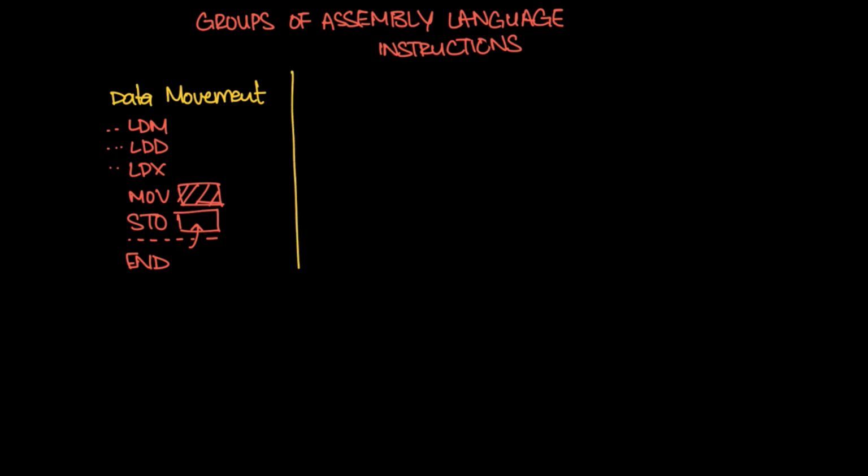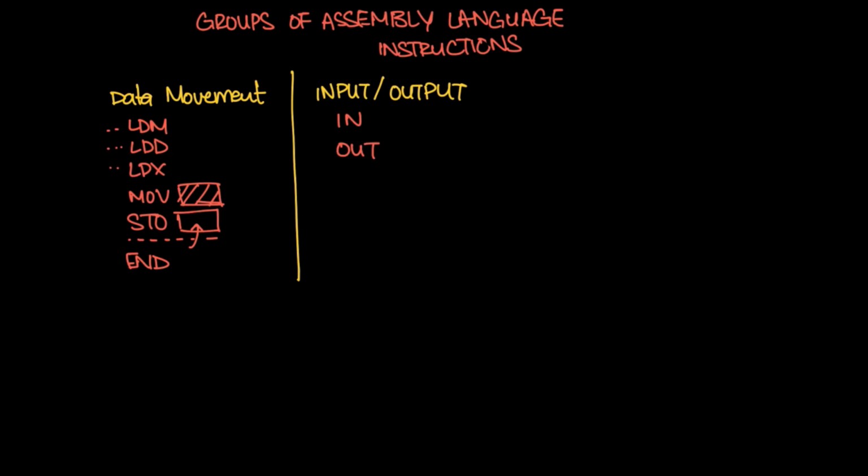The other group is input output, so IO. Now these instructions are only two, as you might have guessed, input and output. They are IN for input and OUT for output.